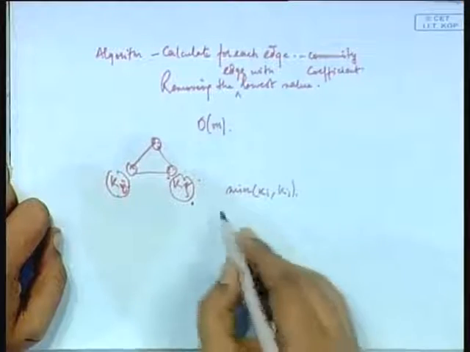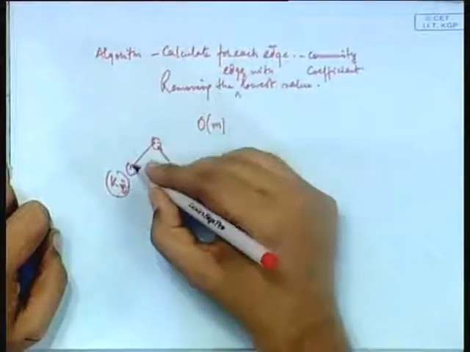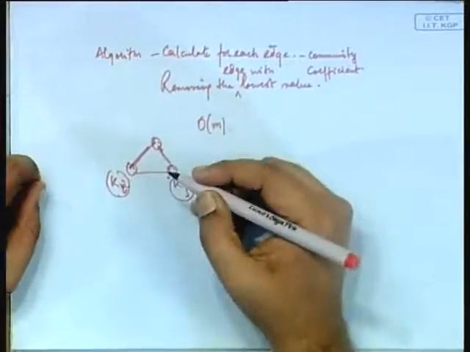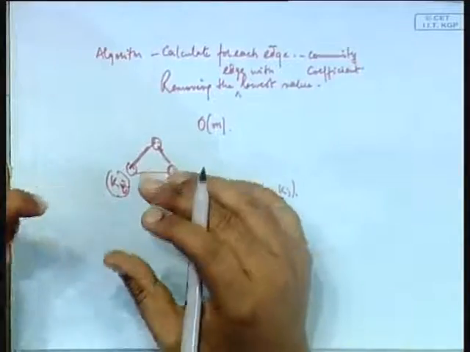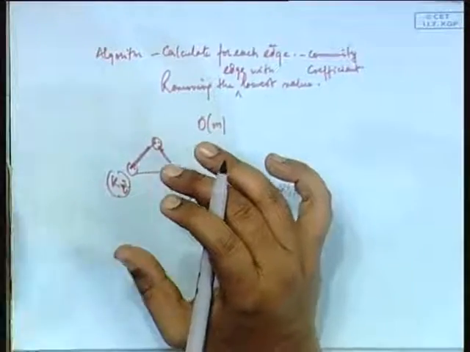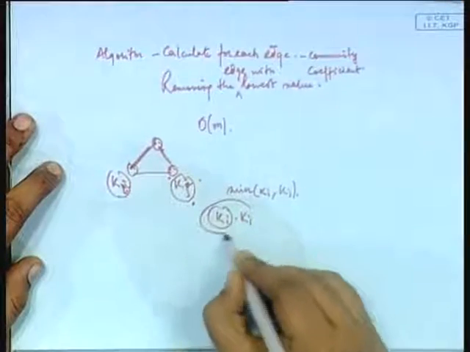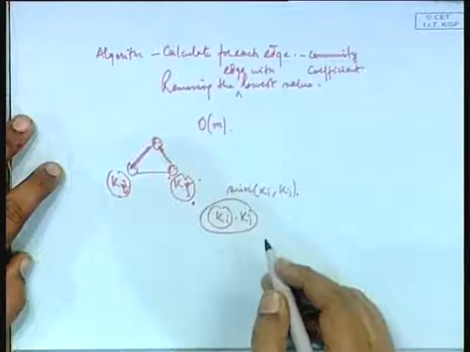So, what you do? You take one node from here and one from here and see whether there is a common edge, common node. It will become Ki into Kj, and I am assuming that Ki and Kj are small.